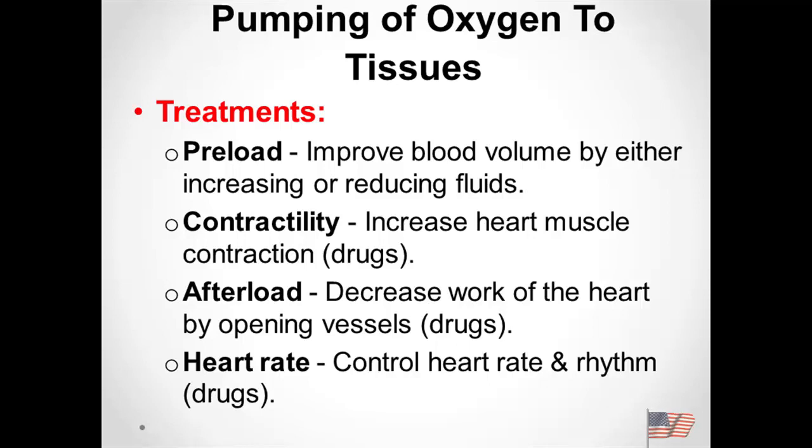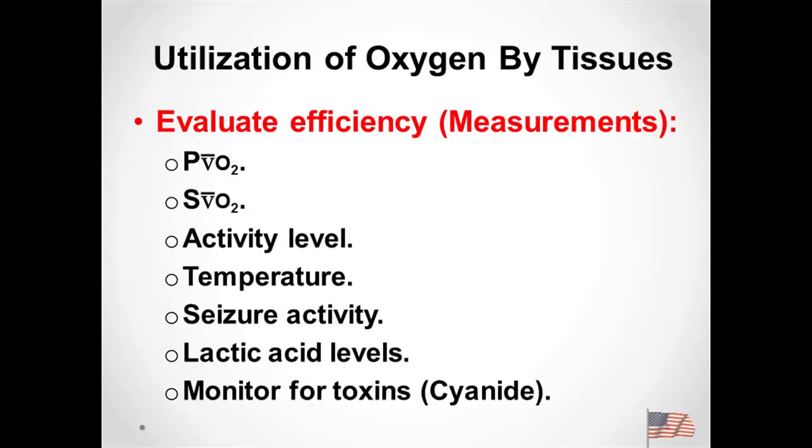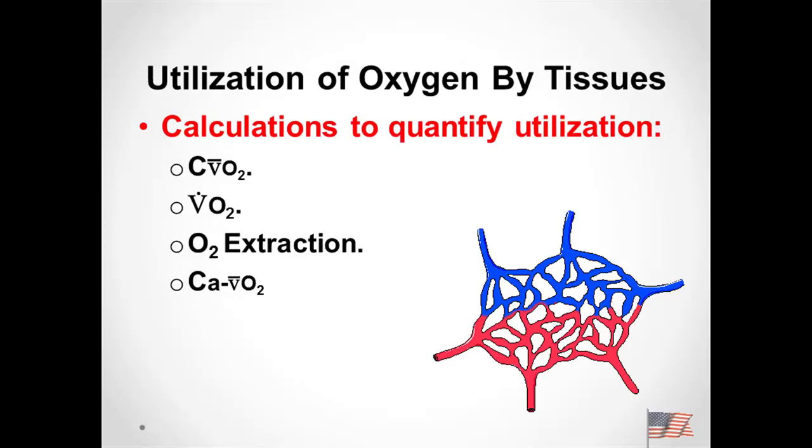If we have a problem with contractility, what do we do? And then looking at the utilization by the tissues, we typically look at the mixed venous partial pressure. That's why the V has a little line over it. But we can also look at some other stuff. And we talked about extraction.